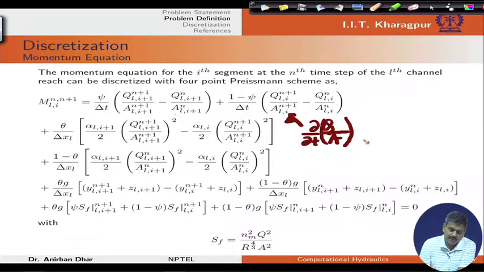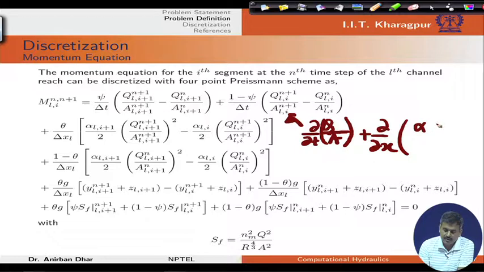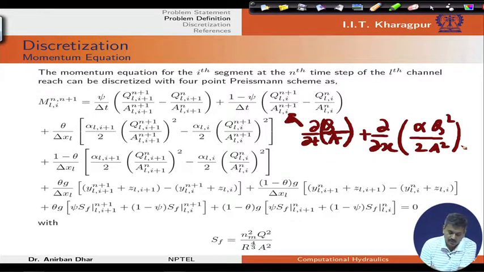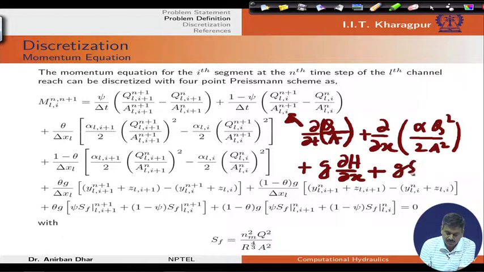Then we have this del by del x of alpha Q square by A square. Now, the last one is g del h by del x, plus g into S_F, which equals 0.